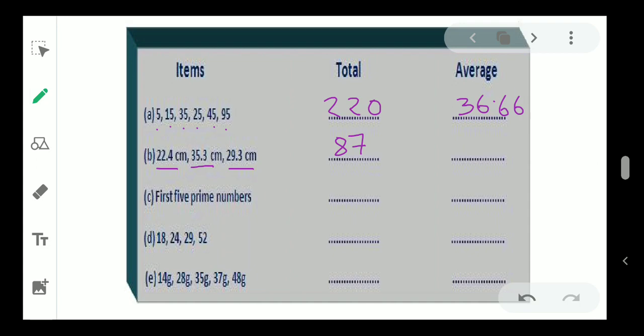So you have to divide this by 3. How much will you get? You will get 29. So the average is 29. These 3 I am leaving for you as homework. You try these 3 and then you send me the answer. I will send this separately.